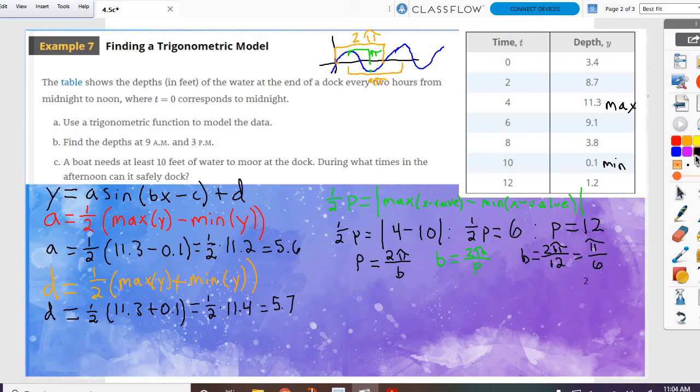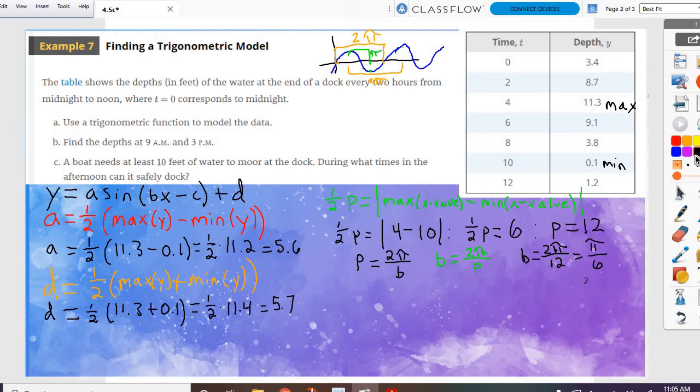Remember that when we're trying to find our starting point, we set the inside of our equation equal to 0, because we're wanting to find where the new starting spot would happen. So we're setting our new equation equal to the old spot that it happens.